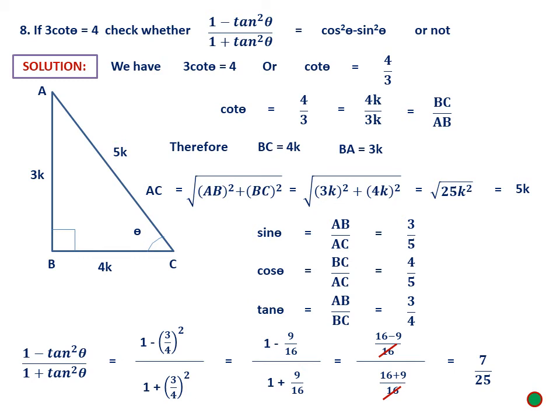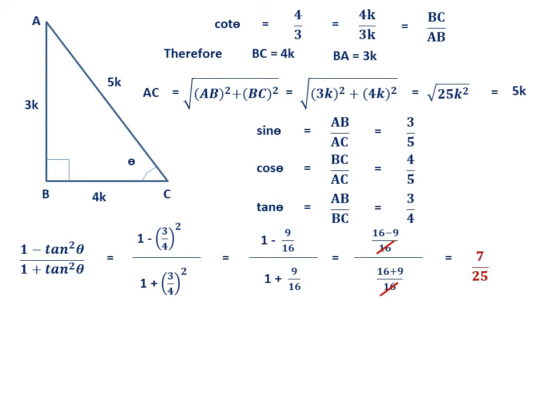Now we have to find one more thing, cos square theta minus sin square theta. So the first one is of course 7 by 25. Now cos square theta minus sin square theta is 4 by 5 whole square minus 3 by 5 whole square. Simplify. 16 by 25 minus 9 by 25.